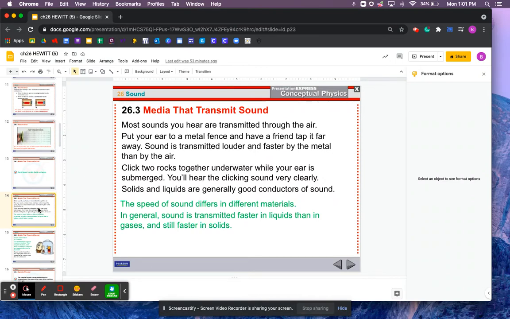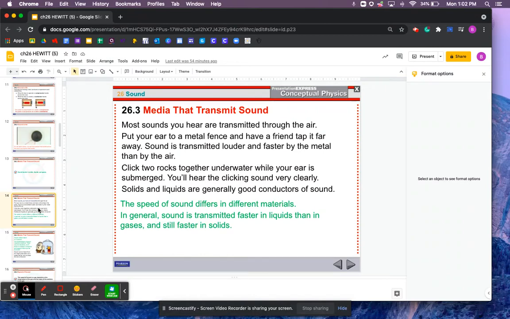In a liquid, those molecules are closer together, meaning they're going to bump into each other faster. And in a solid like metal, those molecules are really compact, so they're going to bump into each other even faster. Just based off of that, you should be able to tell that sound is going to travel faster through a solid than through a liquid than through a gas.